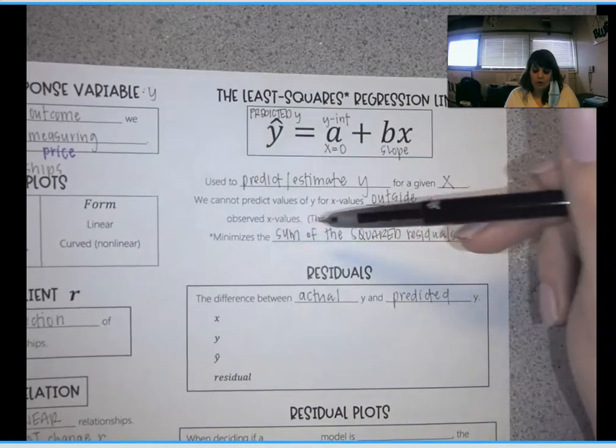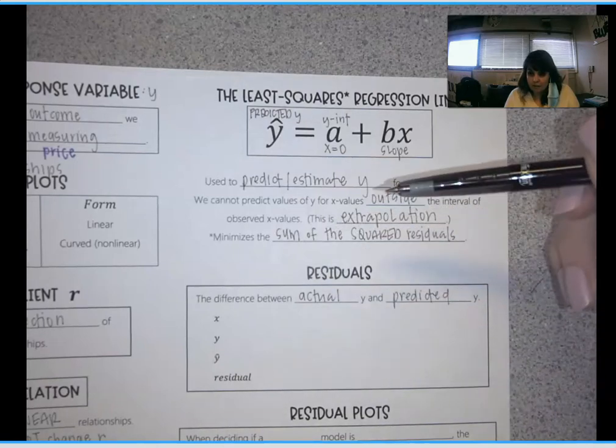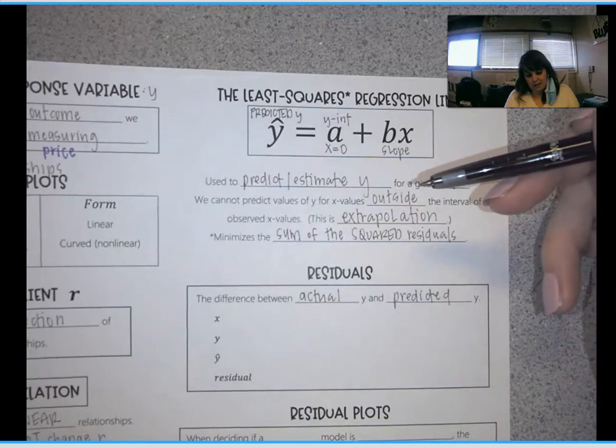So it will minimize the sum of the squared differences between the actual and the predicted.